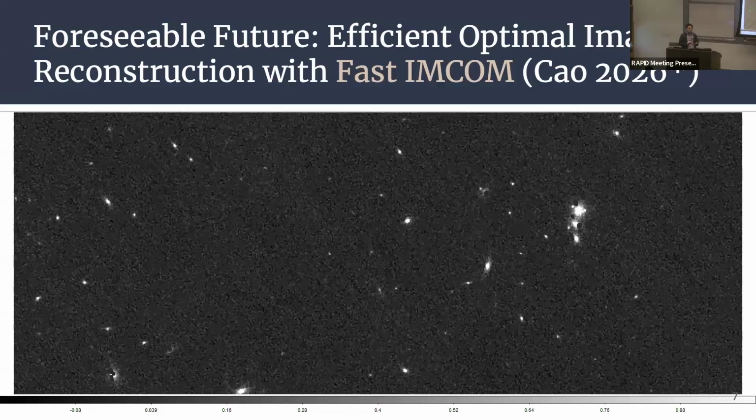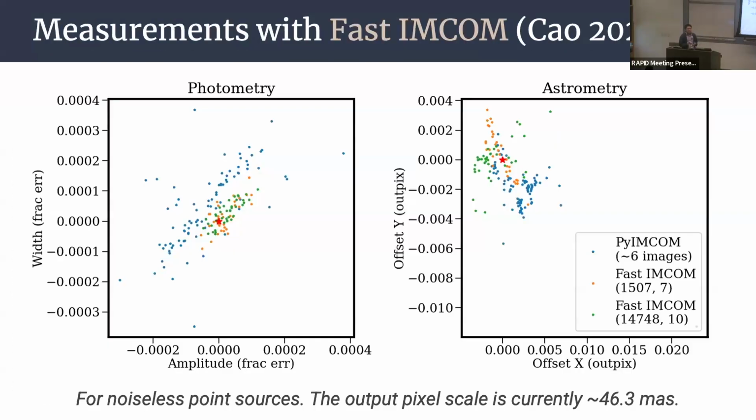To support that statement, I did some measurements on noiseless point sources. Of course, the actual point sources are not noiseless, but I just want to show that this image processing or image reconstruction process is not introducing systematics into our signal. Here, blue is measurements on IMCOM.